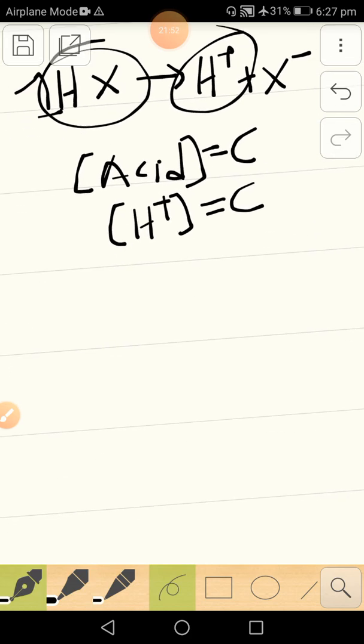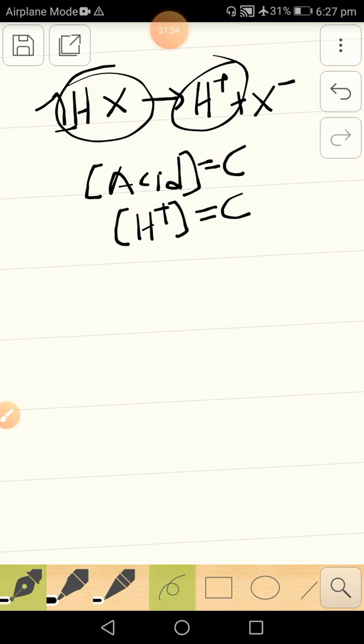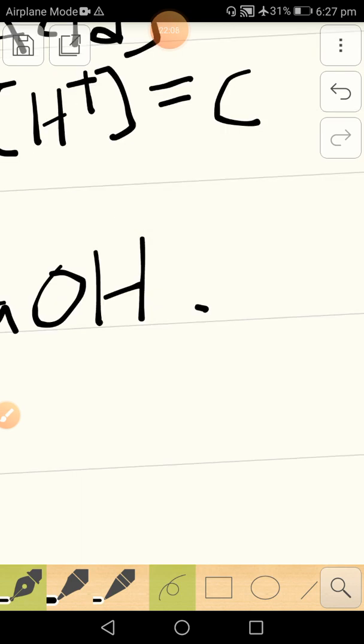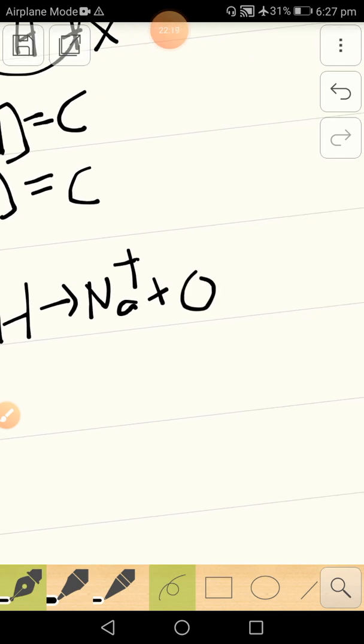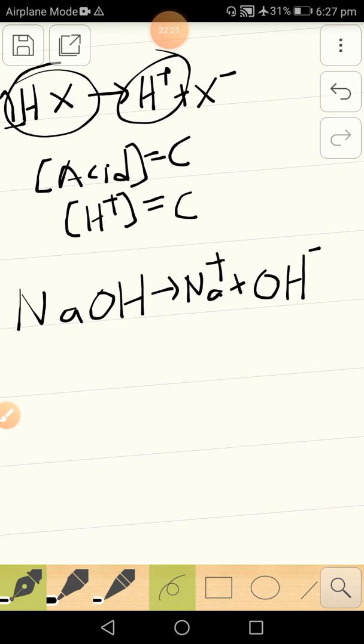Now in case of strong alkalis, strong alkali means it will also dissociate completely into ions. So for example, sodium hydroxide would get broken into Na plus and OH minus. This sodium hydroxide is a base.